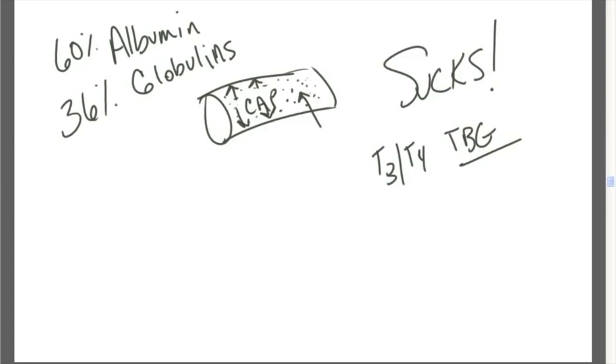Remember, thyroid hormones are non-steroids, but they act like steroids in the way that they travel. They travel bound to plasma proteins. The plasma protein that they happen to be bound to is called a TBG, thyroxine-binding globulin. So tell me, generically, what do globulins do? They transport things in the blood.